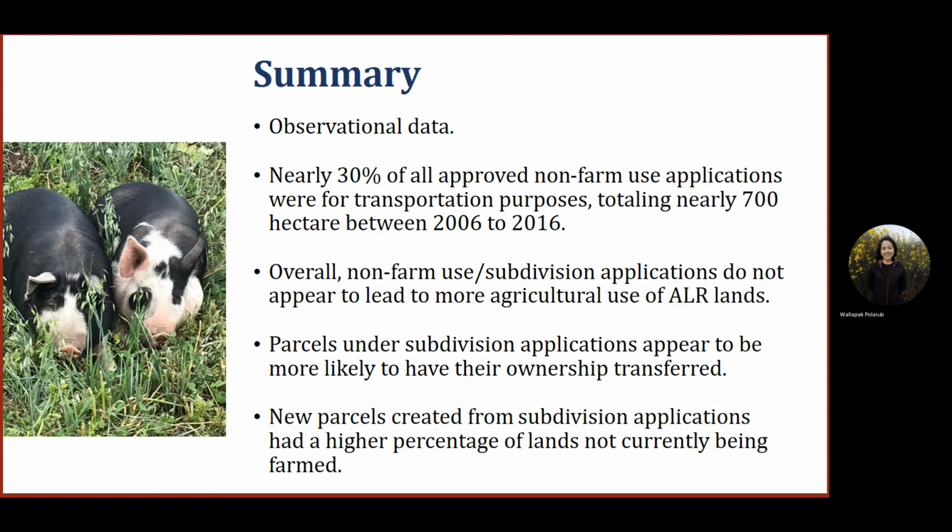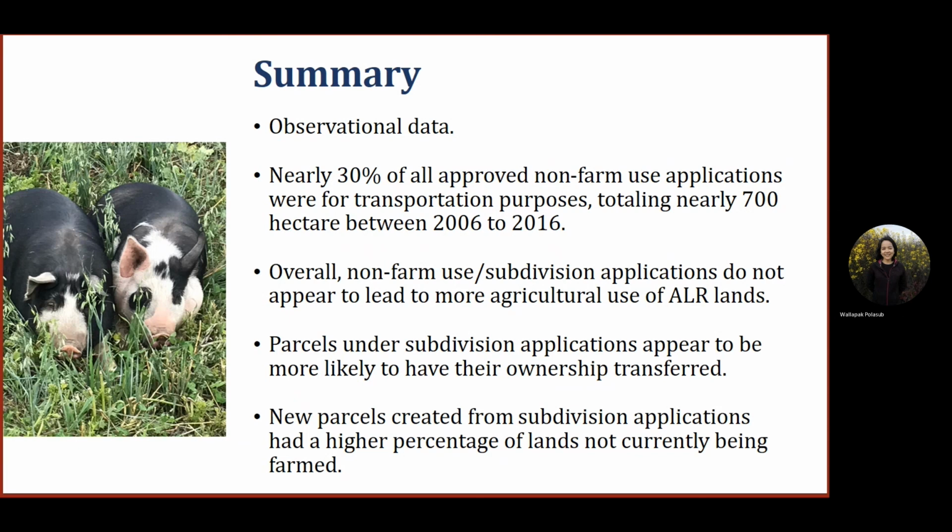Usually when we need to build roads, where do we find land? Oh, we have to use agricultural land. 1 hectare here and there, half a hectare there, or 2 hectares there, and over time it accumulates to be quite a bit. So this is something that could be looked into a little bit further.